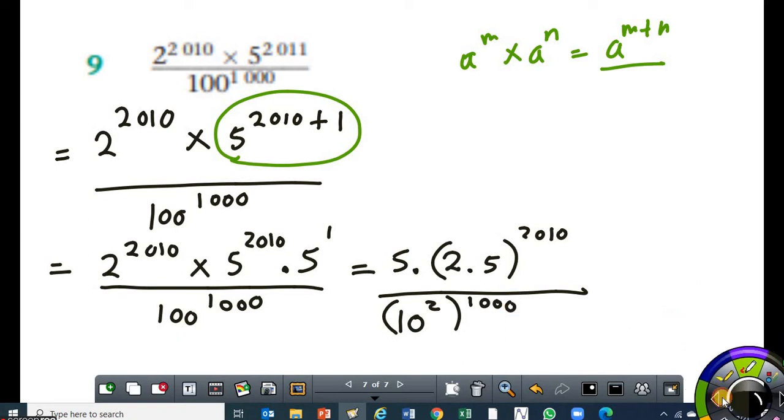Alright, so from there now, let me simplify. So from here, I'm going to end up having 5 times 10 to the power of 2010, and then this is all over 10 to the power of 2000.